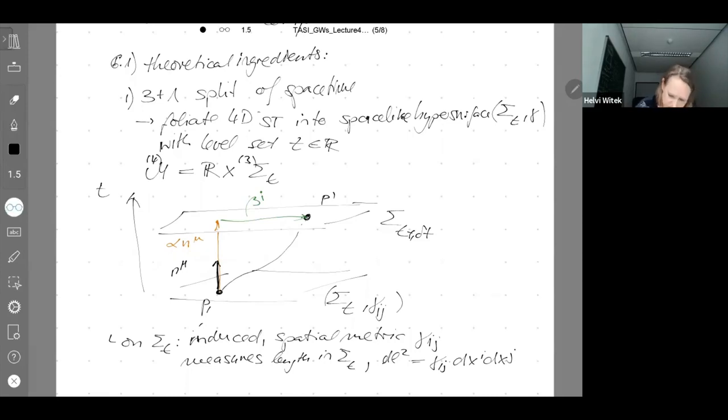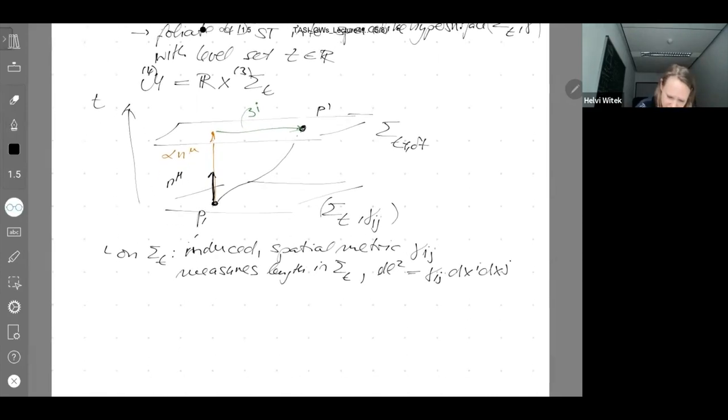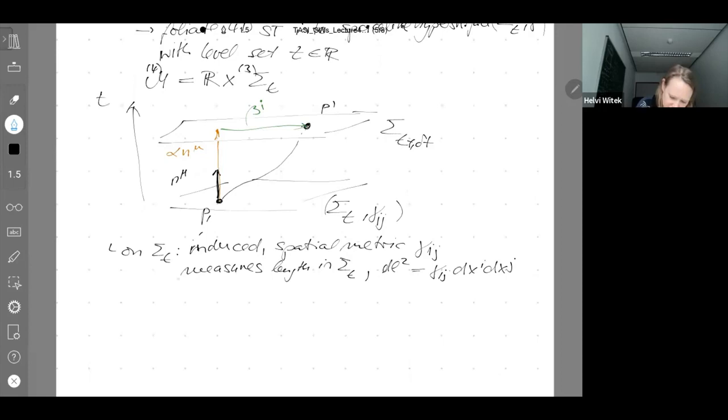Now I also introduced this normal vector, which is a time-like unit normal vector n mu, and it's normalized such that n mu n mu equals -1.